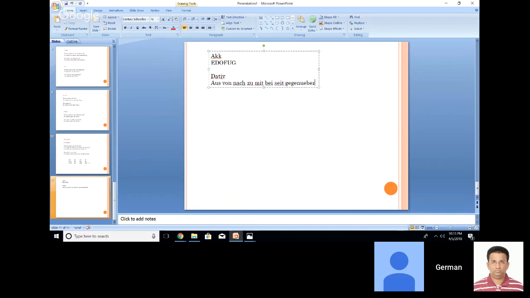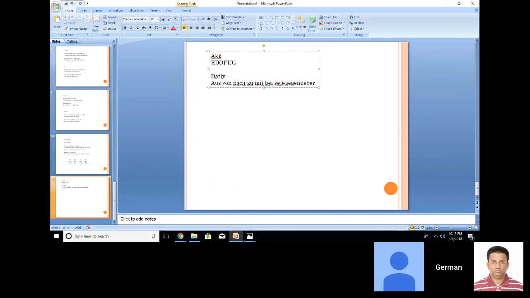Is that all? I think so, yes. And where do we place these prepositions again? Except gegenüber, I think all of them go before the nouns. Yes, only gegenüber is situated after the noun, right?